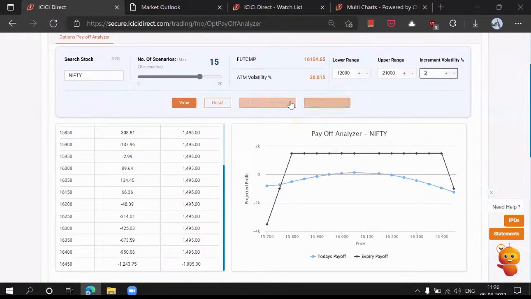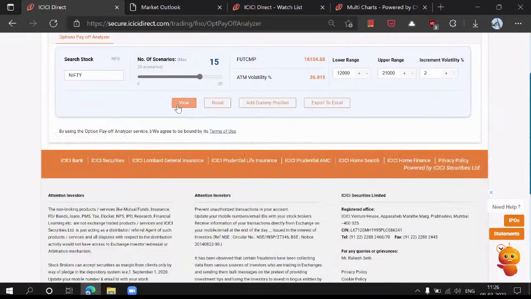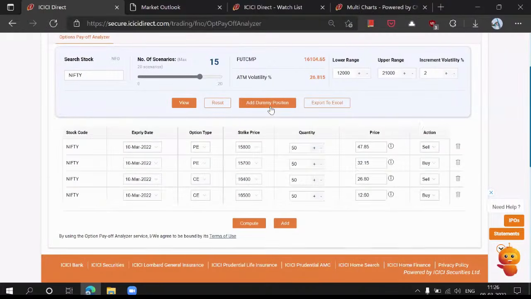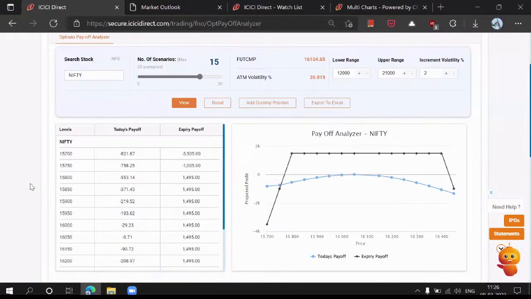Let's say you increase this by 2% and just click on compute. Your payoffs have changed. So you could change the incremental volatility on the positions and look at how your positions will be. This is further available when you're trading on the ICICIDirect platform.